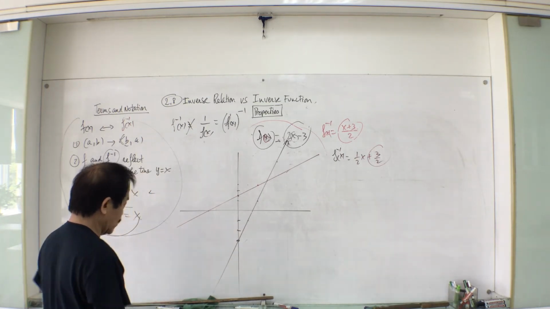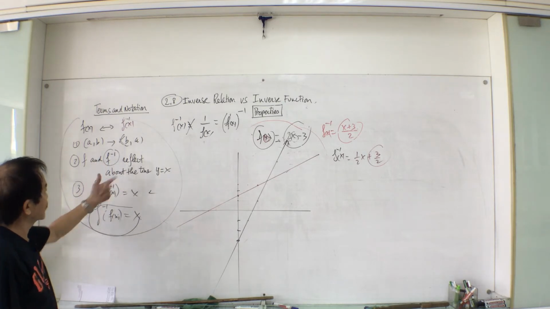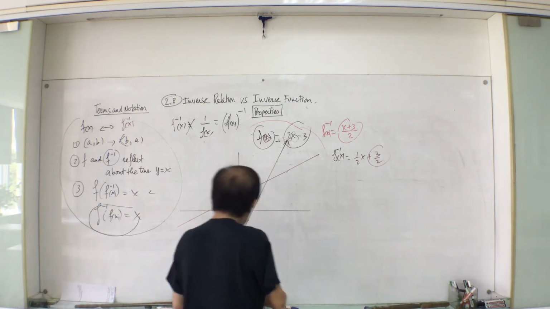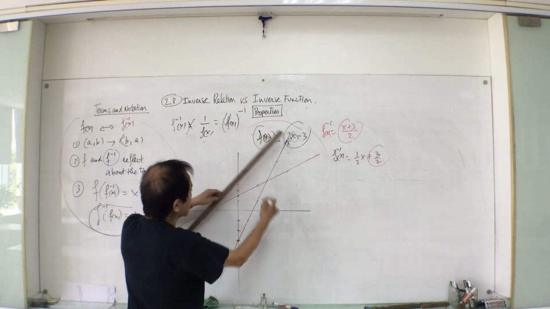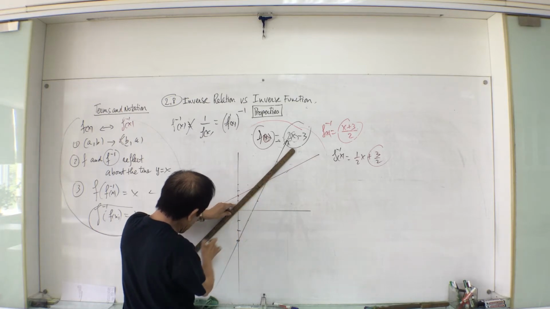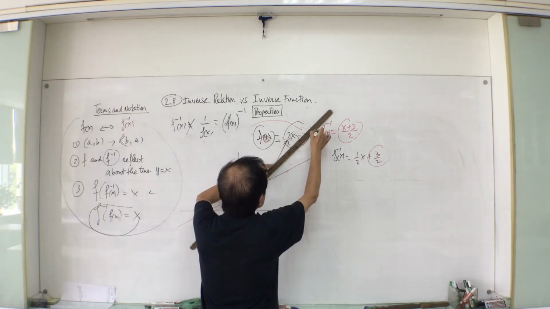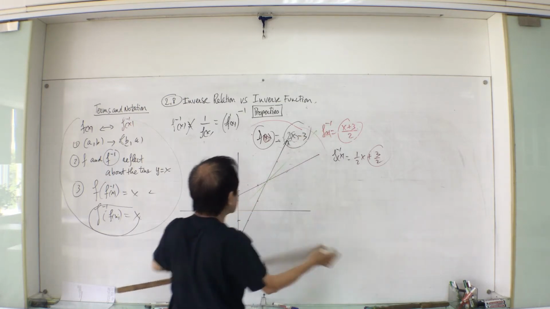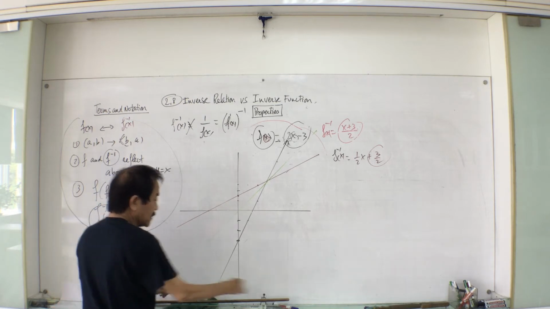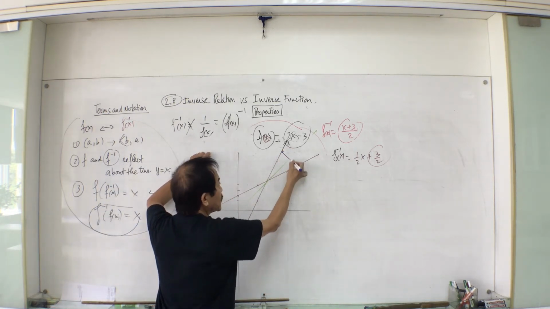So how do we explain that f and f inverse reflect about y equal x? We draw y equal x to see what happened, okay? This one here is the equation y equal x. Can you see that? Very clear. This is reflected across the line. How to show it? You pick any point here, you put a perpendicular to that point, and you keep going.